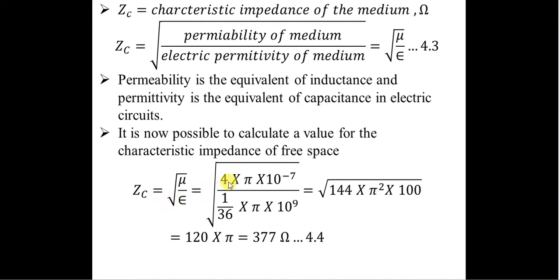It is equal to 4 into pi into 10 to the power minus 7 divided by 1 by 36 into pi into 10 to the power 9. Solving it, we get the value of characteristic impedance of free space is equal to 377 ohms, and this value is standard.